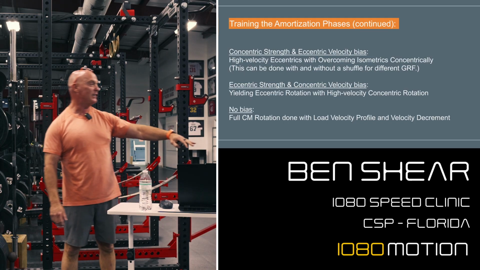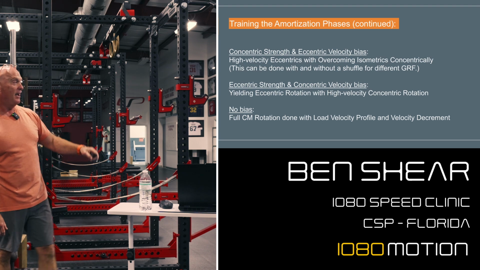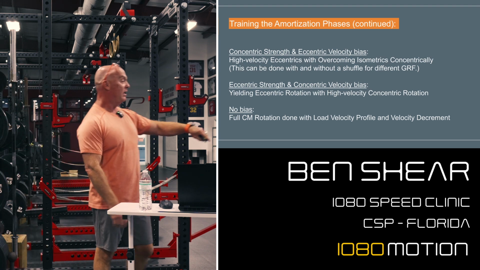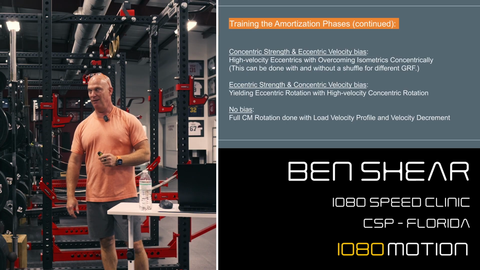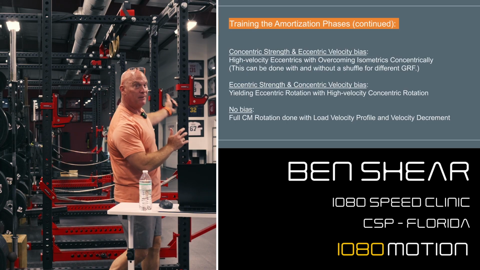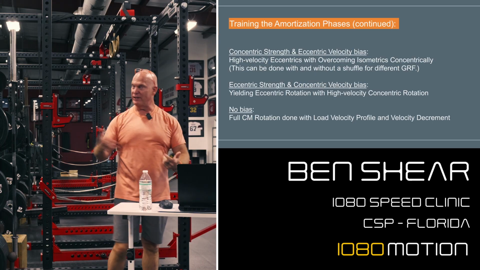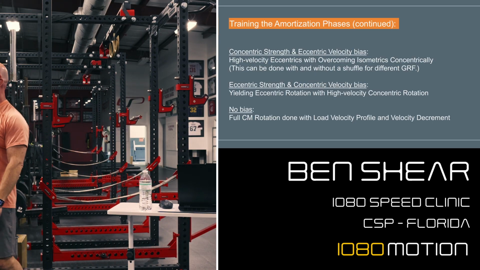I can have a strength bias where I'm combining yielding and overcoming isometrics, right? And then I can also do high load, low velocity both ways, right? Because I can have yielding and then wham, or vice versa, right? Depending on what the shapes of the graphs are telling me.